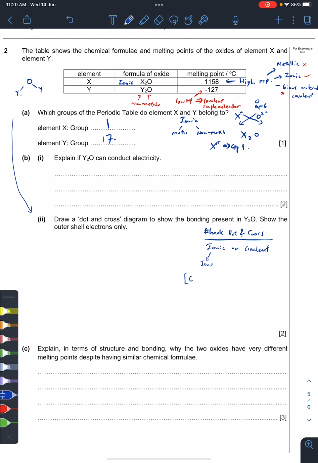Means I will straight away go and draw the bracket and the charges. If it's covalent, then you think, first, which is the central atom? Usually the one in demand. What do I mean? If you have one teacher and 2 students, the teacher will be the center of attention of the students. So in this case, Y2O means O is in the middle.